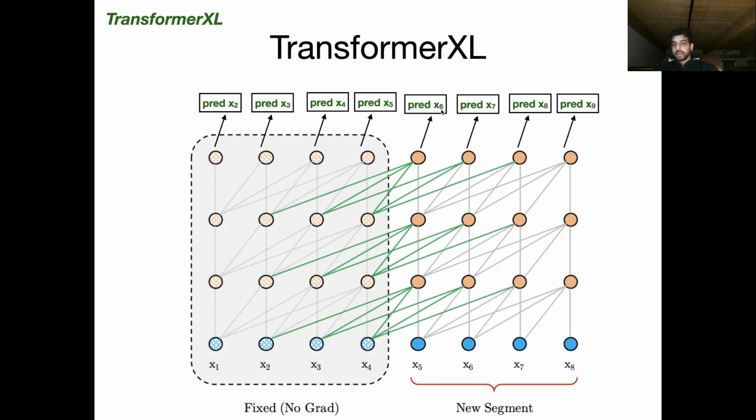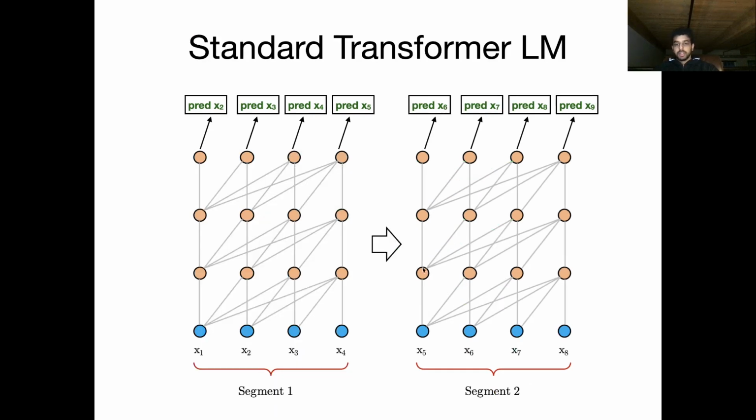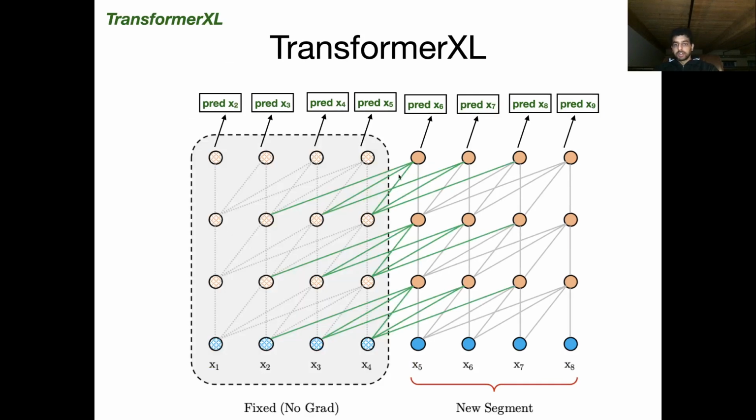So when I go to predict x sub 6, note in the previous vanilla transformer, I can't attend over any context. But here I have these recurrent computations that allow me to access information from the cached hidden states of the previous batch's input.